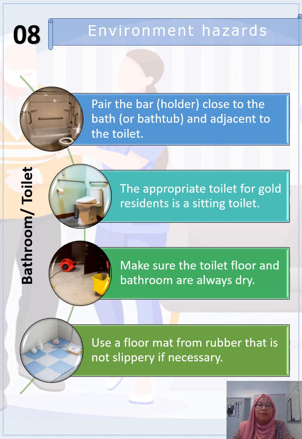Make sure the toilet floor and bathroom are always dry, because a wet floor is slippery and will cause harm to the elderly. Use a non-slippery rubber floor mat if necessary.